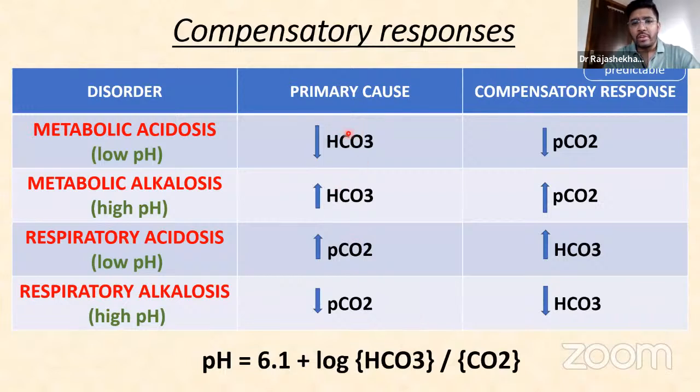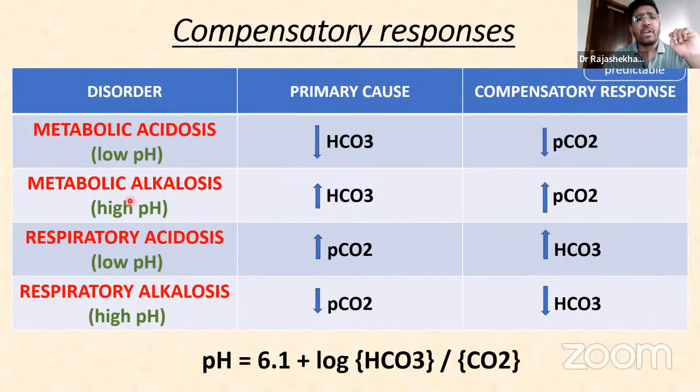Since the ratio should remain constant to keep a normal pH, whenever one thing decreases, the other should also decrease, and whenever one increases, the other should also increase as a part of the compensatory response. So if the numerator is decreasing, the denominator should also decrease, and if the numerator is increasing, the denominator should also increase to keep the final ratio constant.